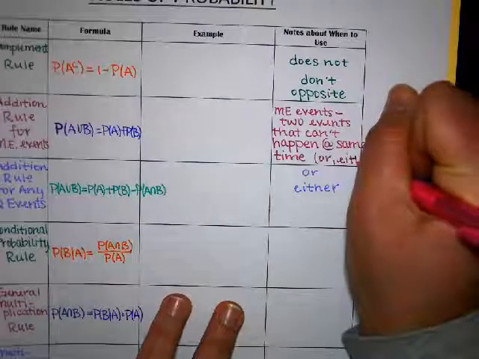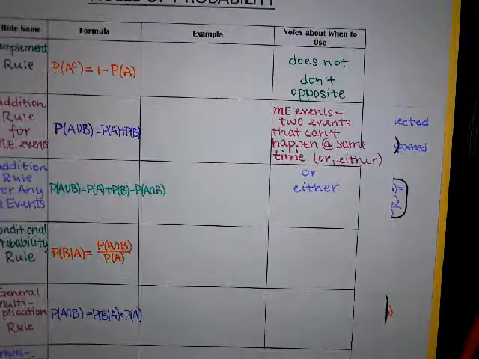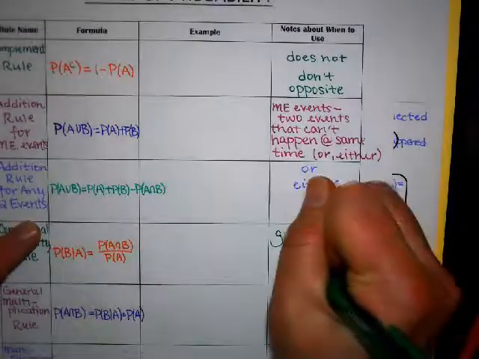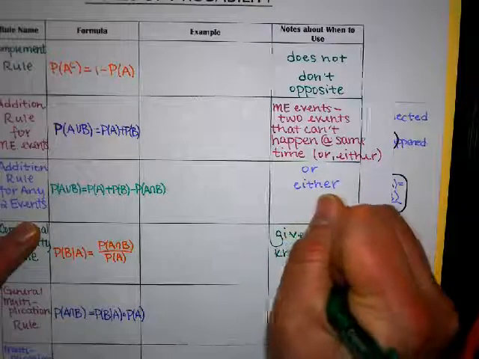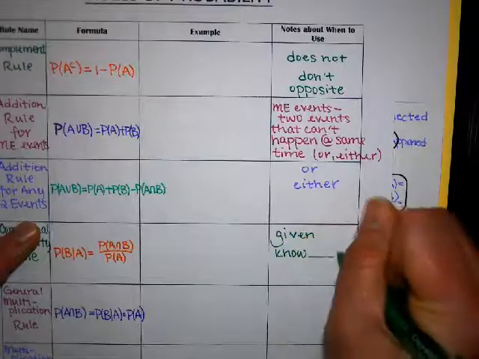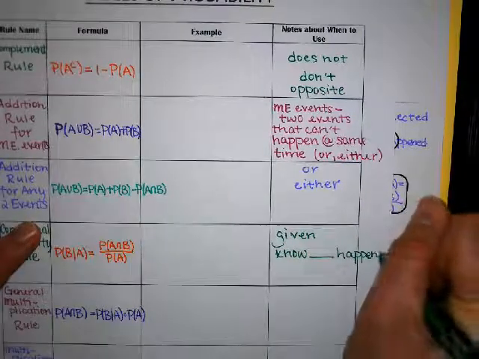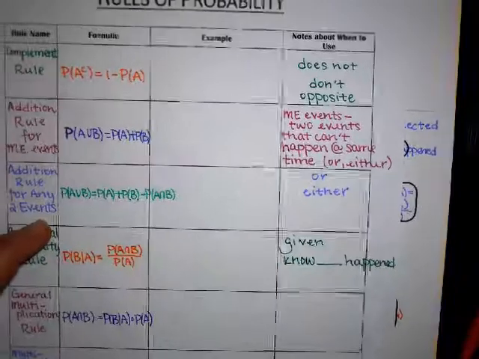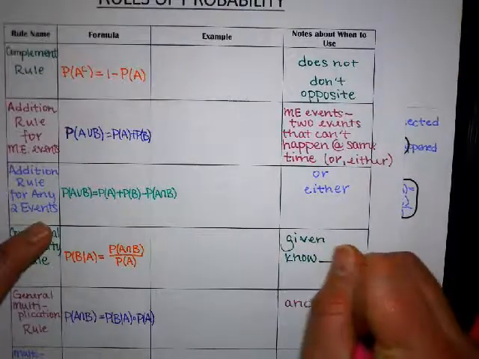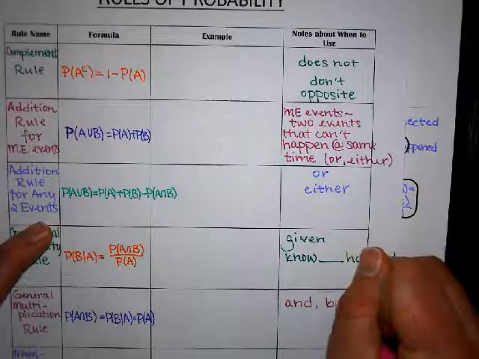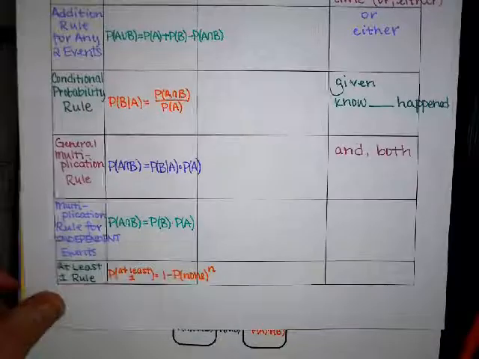Conditional probability, so given, you know something happened. The general multiplication rule, that's and, both. The multiplication rule for independent events, that's also using the words and both.